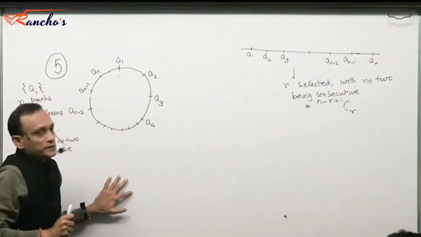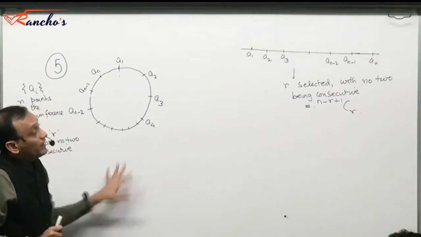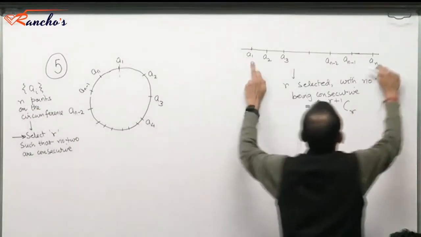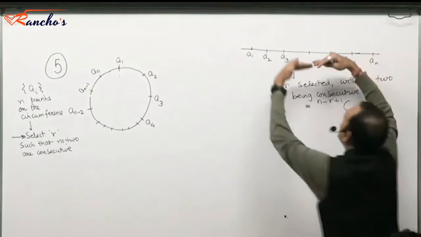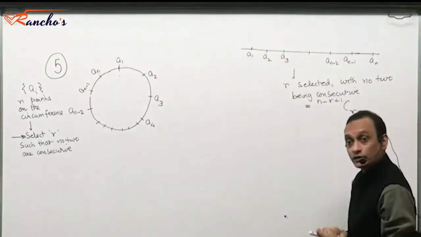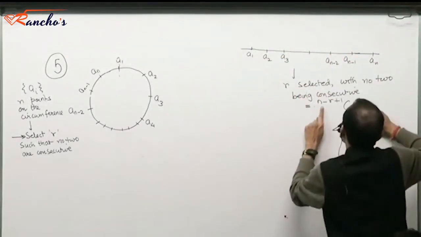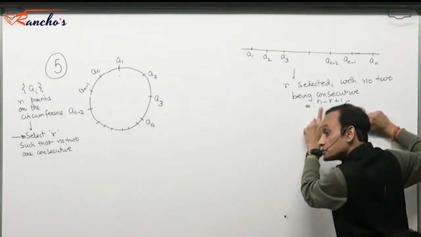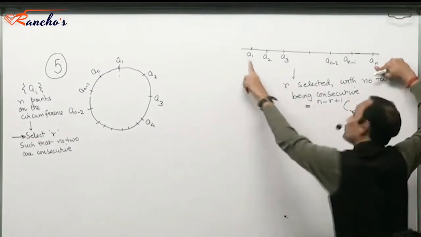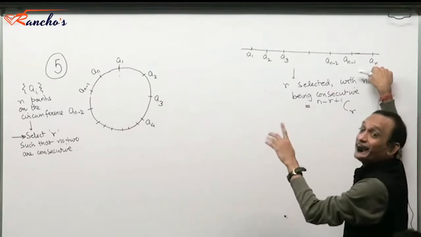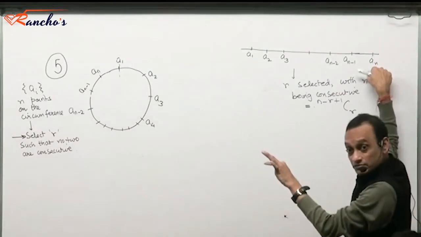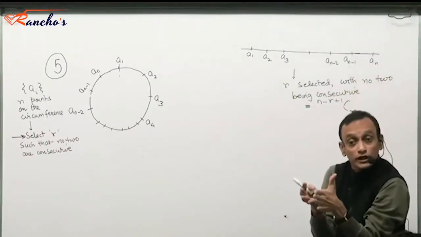The problem here is, if A1 and AN were linearly placed along a straight line, then in this selection, A1 and AN could have been simultaneously selected, right? They were not neighboring points.